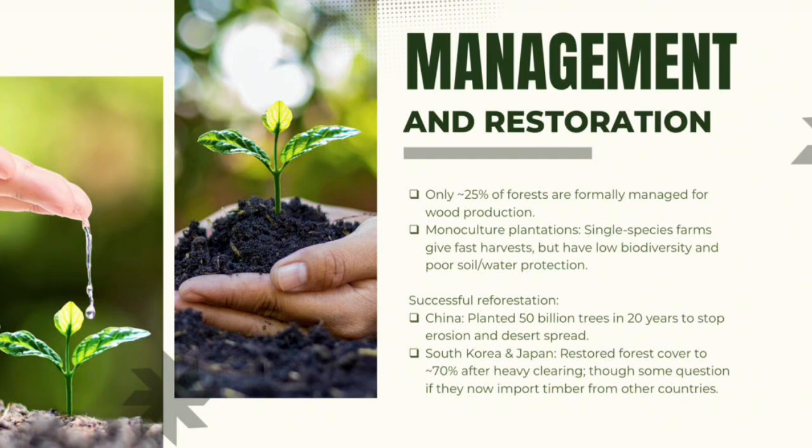In South Korea and Japan, they were able to bring forest cover back to about 70% after much of their land was cleared. This explains that restoration is possible. But some people also note that these countries may now buy wood from other places instead. So we still need to make sure that forest care is fair everywhere.